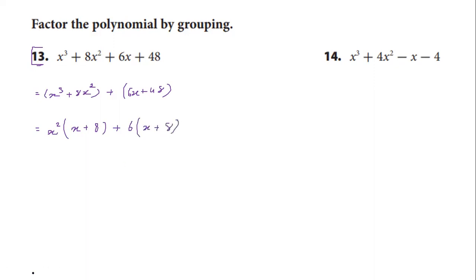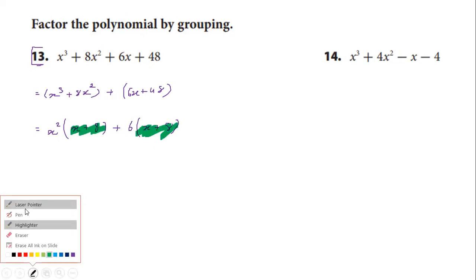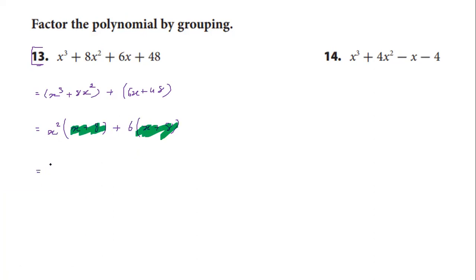When you have a common factor like x plus 8, factor it out. So it is x plus 8 in one parentheses, and x squared plus 6 in another. Please, guys, don't put any sign between the two parentheses. It is a common mistake of some students to put a sign between them. No. So your final answer is x plus 8 times x squared plus 6.